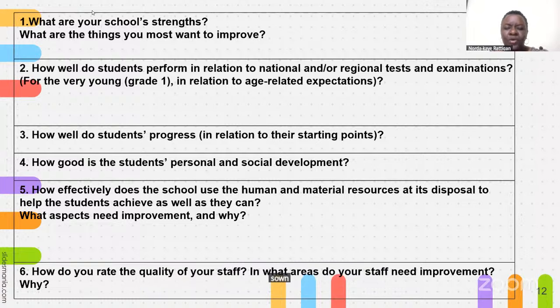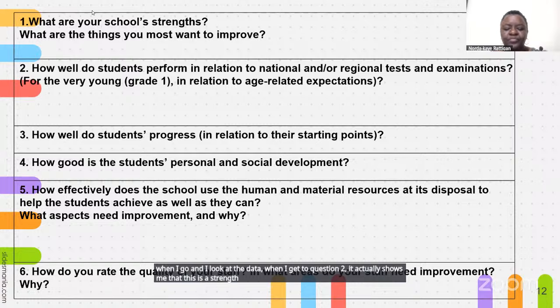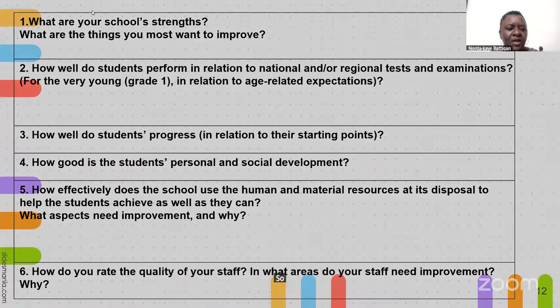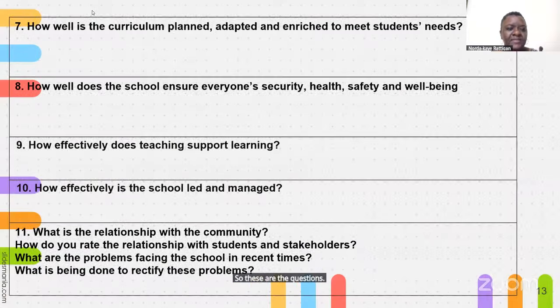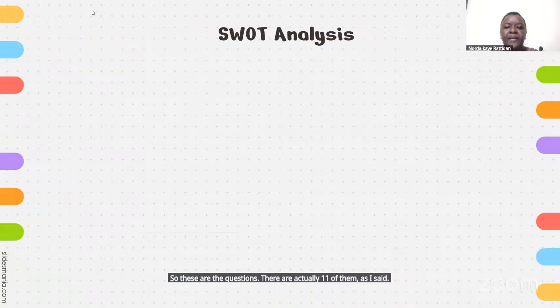If you said that one of your strengths is that you have high passes in CSEC, when I go and look at the data, when I get to question 2, it actually shows me that this is a strength of your school. So these are the questions. There are actually 11 of them, as I said. And we're going to now look at some of the things that we do to answer these questions.